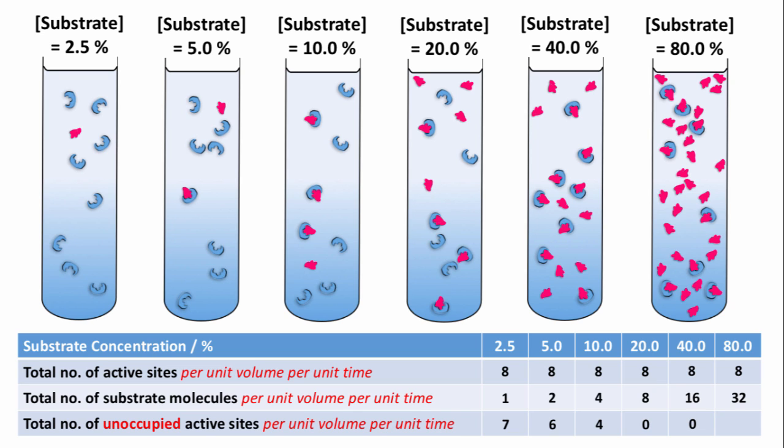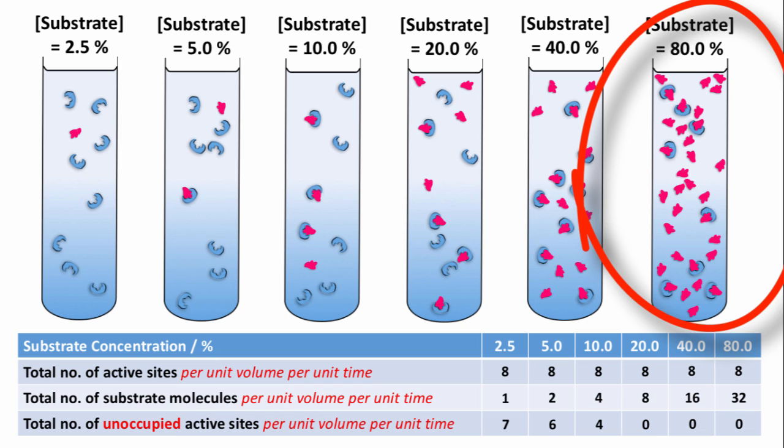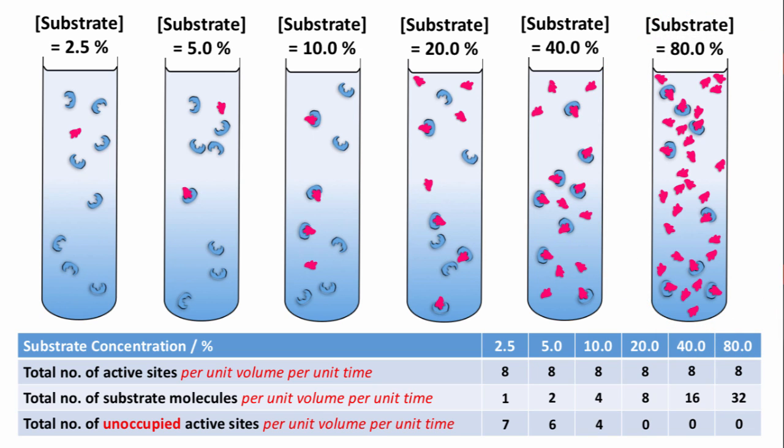In fact, there will still be excess substrate molecules that have not yet bound to any of the active sites, since all active sites are occupied at that point in time. Needless to say, with 32 substrate molecules competing for just 8 active sites, all active sites would be occupied at any one point in time.